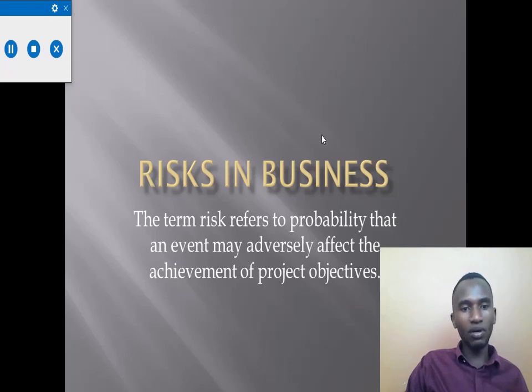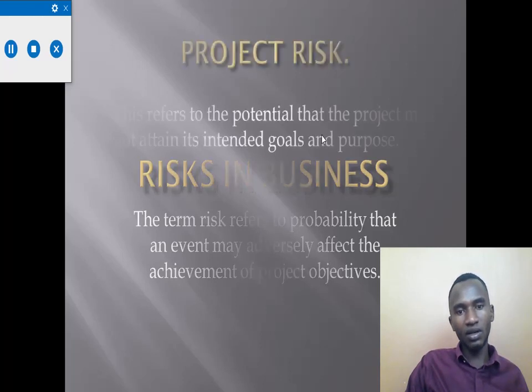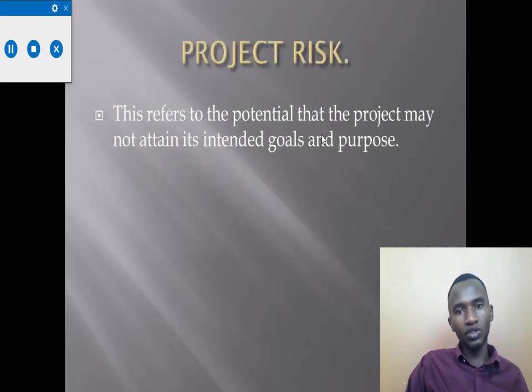I made more about risk in reference to a project. Let's move to that slide. It is called project risk. The definition says this refers to the potential that the project may not attain its intended goals and purposes.